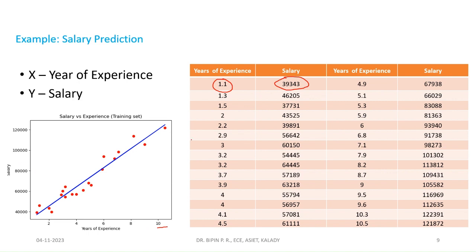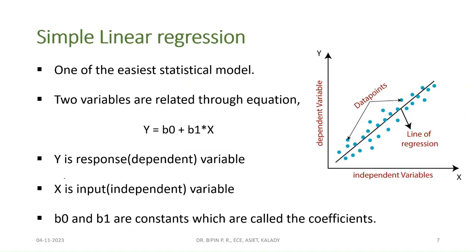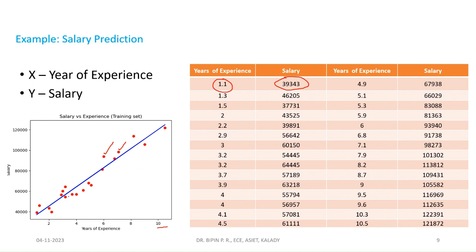When you plot input versus output, you will get a number of data points like this, these red colored data points. Now, in linear regression, we will try to fit a line having an equation y equal to b0 plus b1x in such a way that we will get a best fit line. That is the actual terminology.